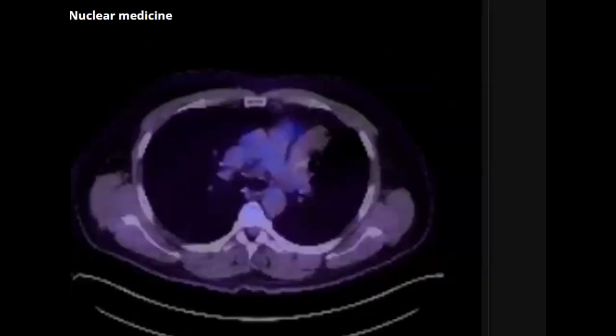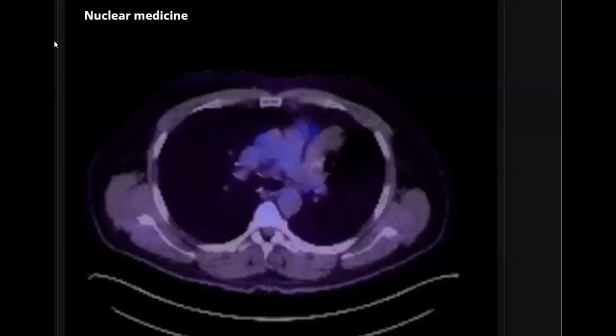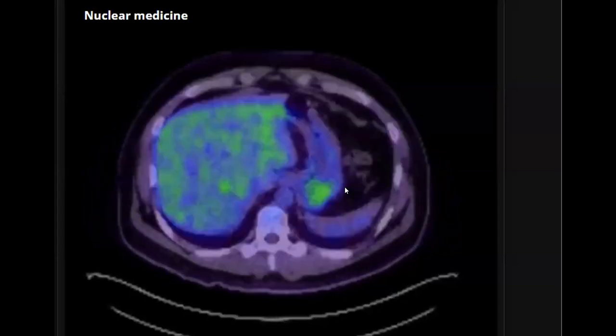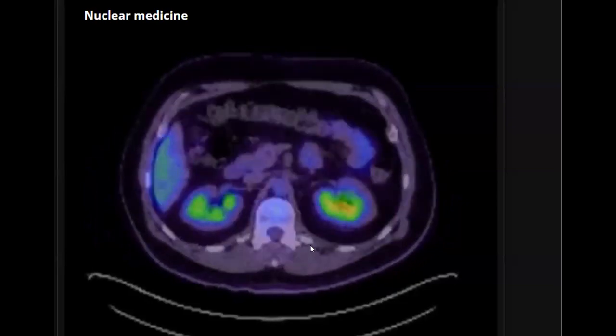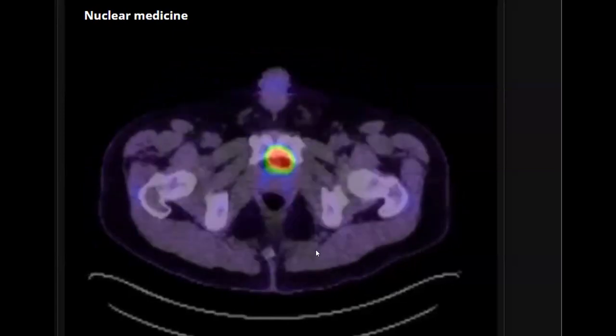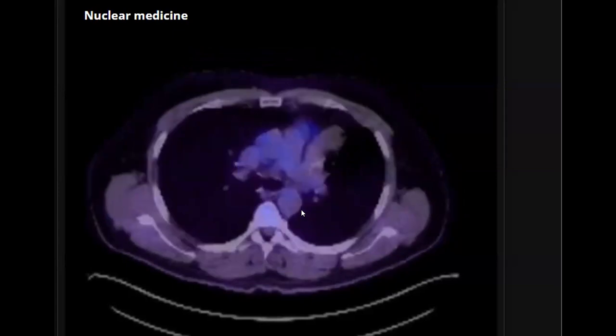This patient did this study, which is FDG PET-CT. What do you think? Is there uptake or not? Let's see the normal physiological uptake. This is physiological in the heart. This is physiological in the liver. This is physiological in the kidney, calyceal system and the bladder. So all this is physiological. So what do you think about the lesion?